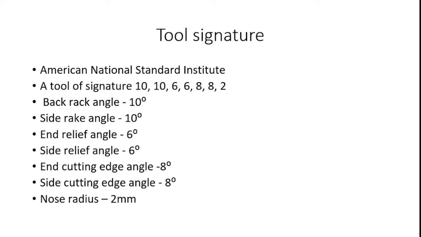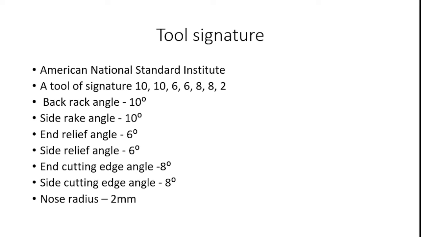The next term, the side cutting edge angle, is also 8 degrees. And then the final one is nose radius, which is 2, meaning the tool should possess a 2 mm nose radius. Likewise, the data is available. The 7 numerical values represent the different tool angles.